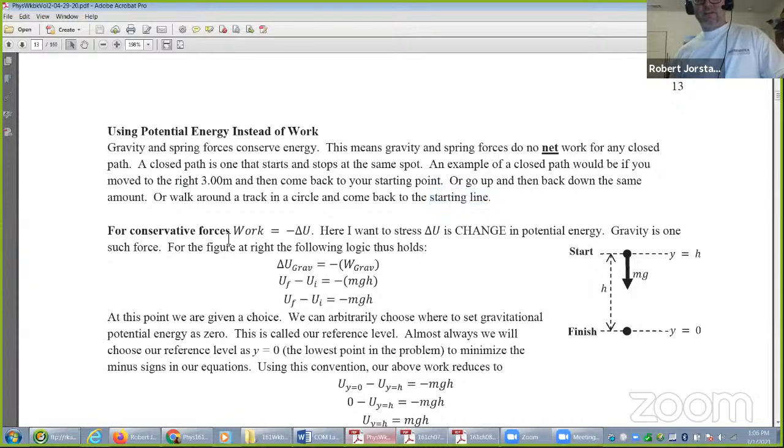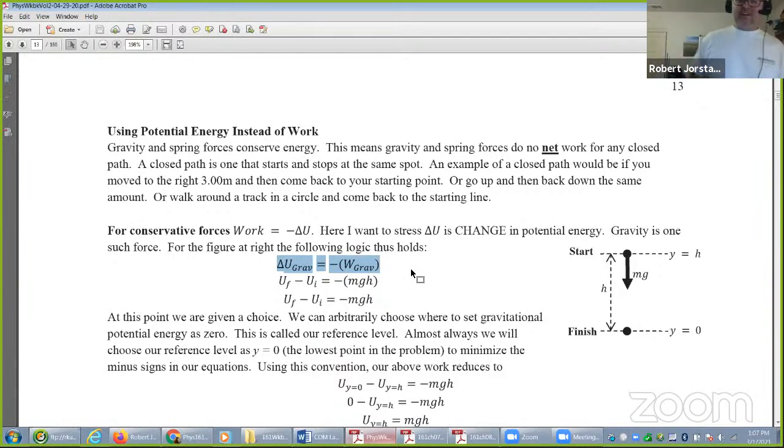All right. So now, if you have a force that is conservative, work is defined as opposite the change in potential energy. Or strictly speaking, I should say the change in potential energy is negative work. So, for example, let's start with this line of the equation.